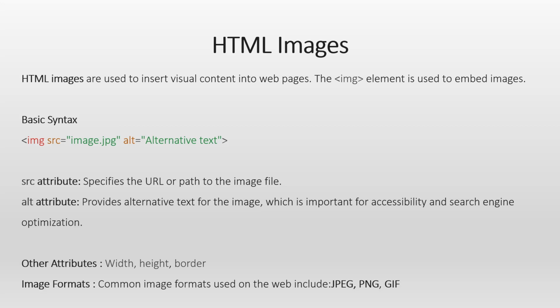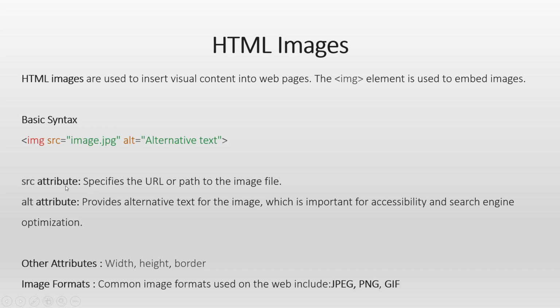If we take that link and put it here, it's going to pull that image from there and show it in our web page. So source is where we give the image from. If there is an image, we have to show it on the page, we use this source attribute.